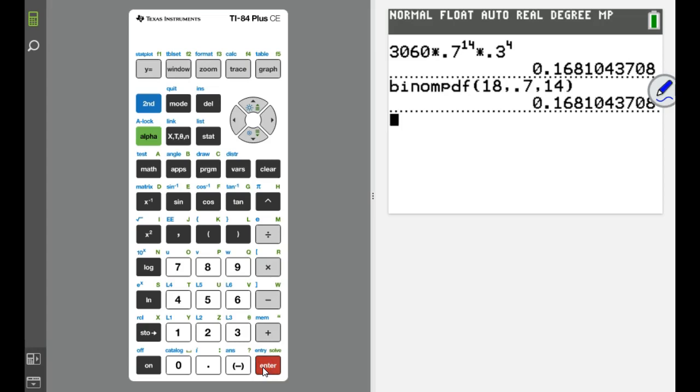Same number? Everybody okay? You need me to go through it one more time? You make sure you picked the PDF, not the CDF. We're going to talk about that in a second. Okay, so the probability of success exactly 14 of 18 times is found using this fancy formula or using binomial probability distribution function, PDF.